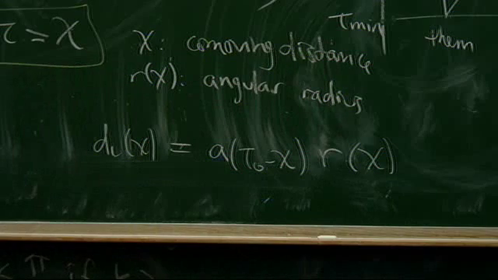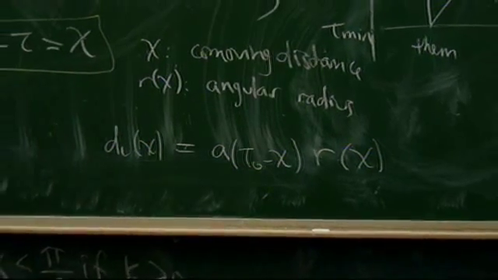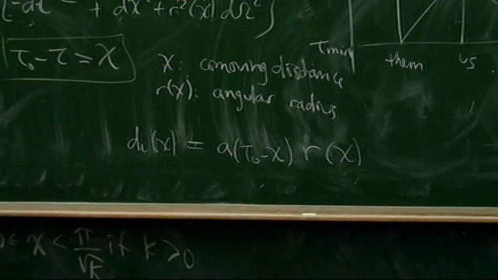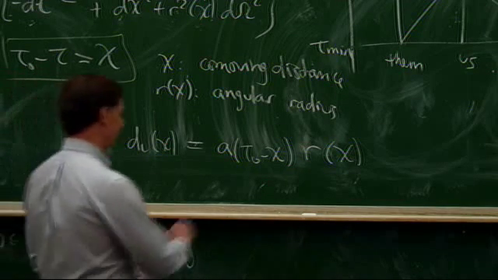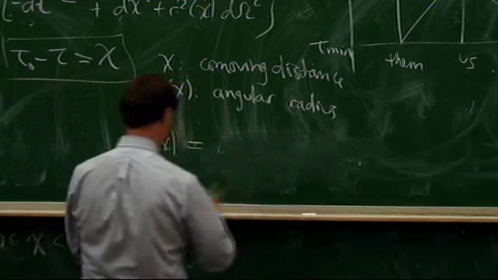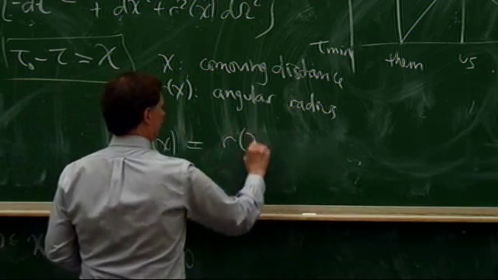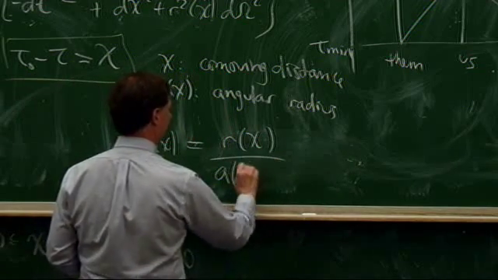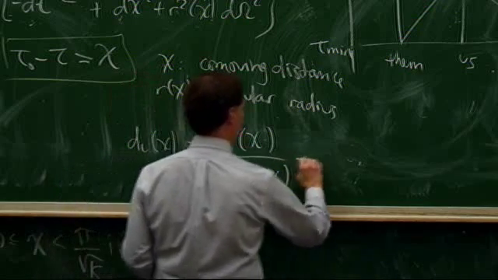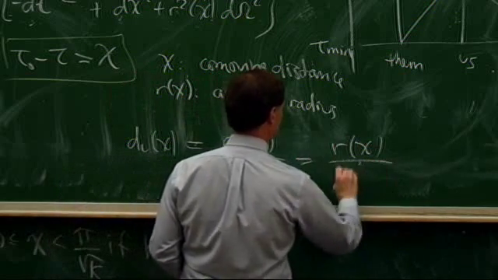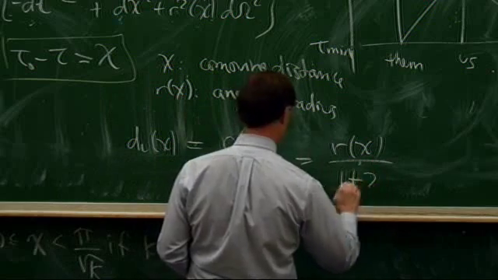I want to make sure I have that A in the right place on the numerator. It should be. No, it's my mistake. It's on the denominator. Times 1 plus z.